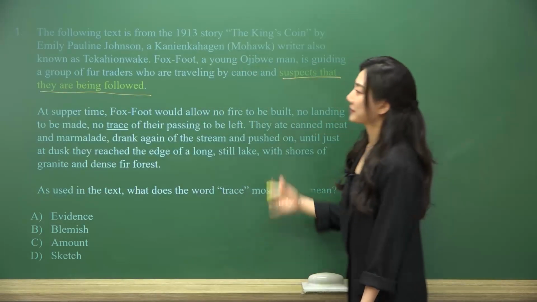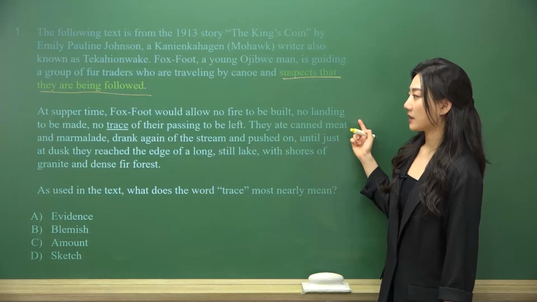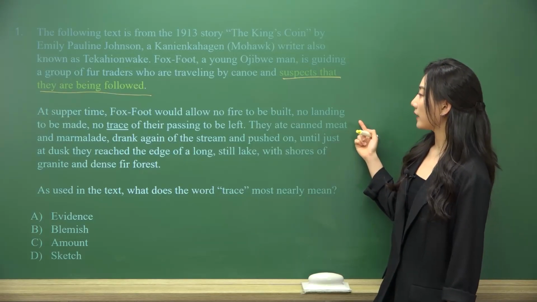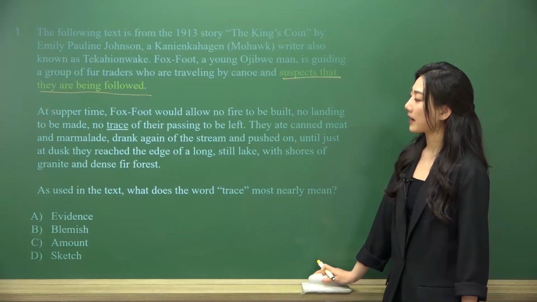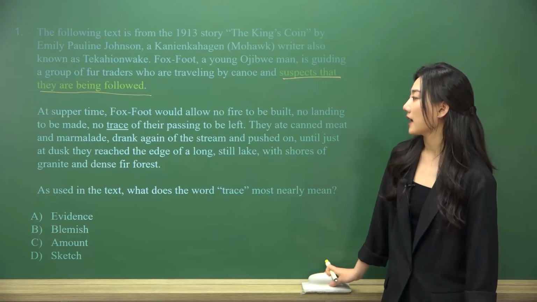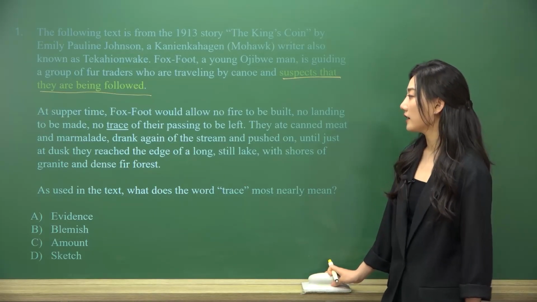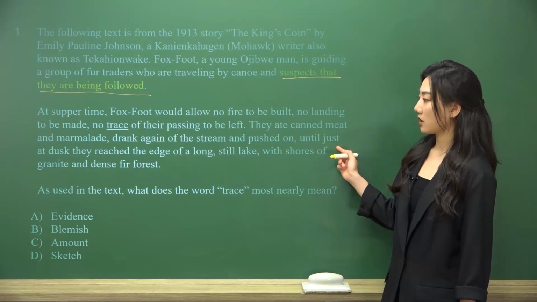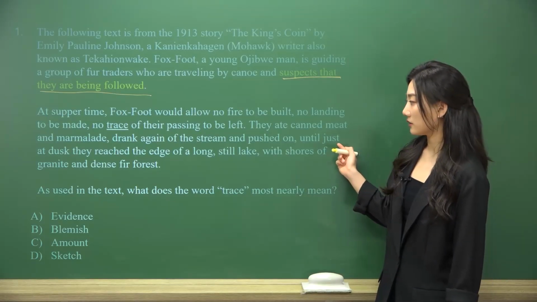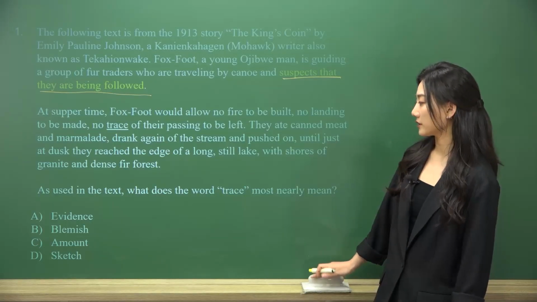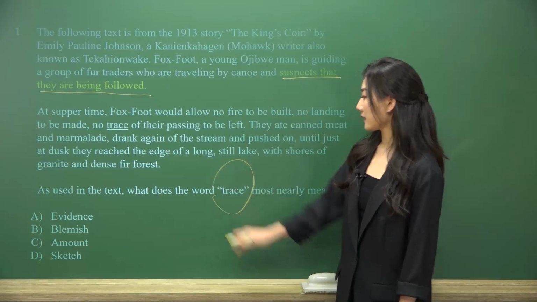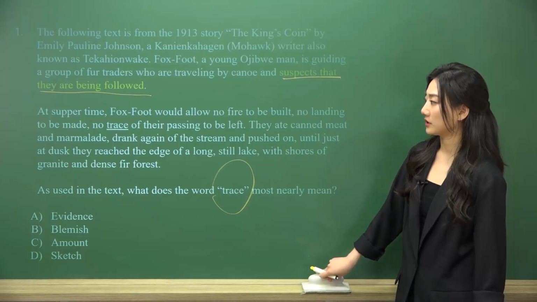So at summertime, Foxfoot would allow no fire to be built, no landing to be made, no trace of their passing to be left. They ate canned meat and marmalade, drank again of the stream, and pushed on until just at dusk they reached the edge of the long, still lake with shores of granite and dense fir forest. According to the text, what does the word trace most nearly mean?